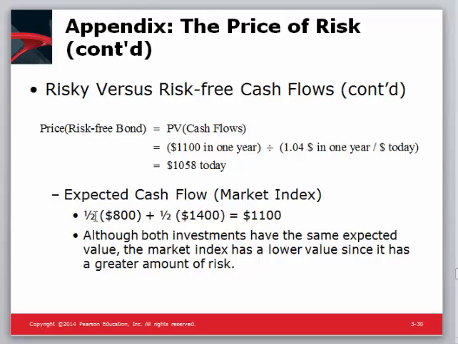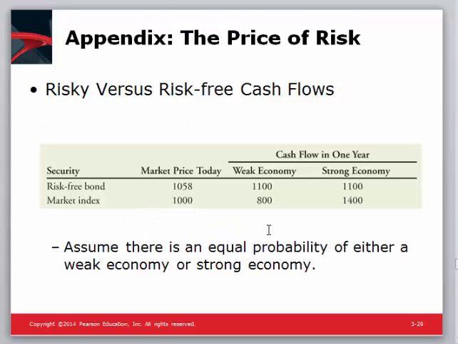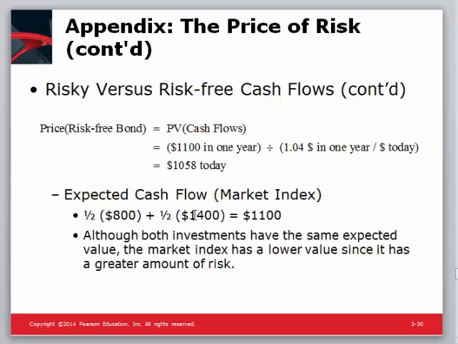It's a 50% chance of 800 plus a 50% chance of 1,400, which gives us $1,100 as the expected value of the market index. And again, if we go back just one step, we can see that the market index is currently valued at $1,000, but it has an expected value of $1,100.